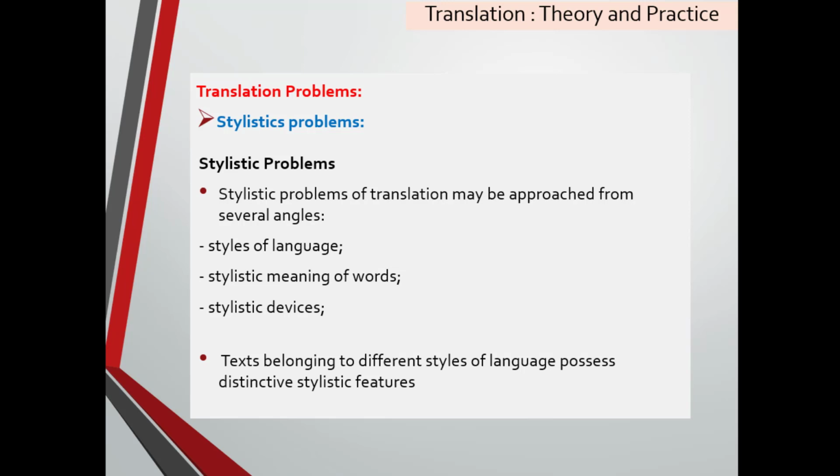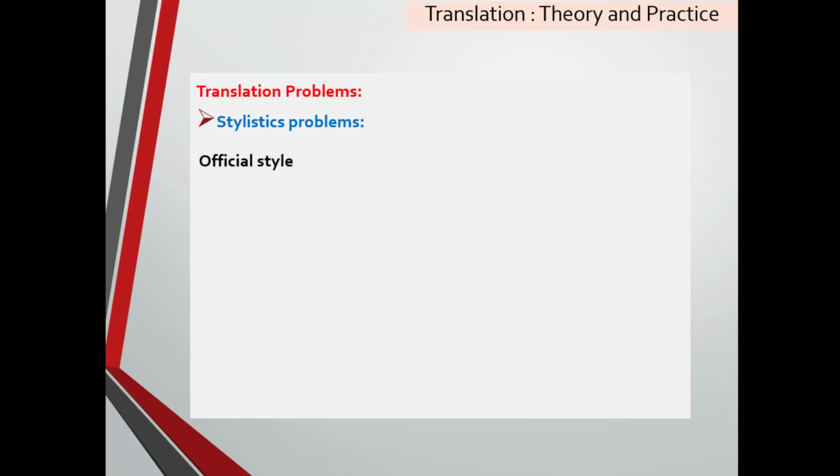I think if you want to understand what we mean by stylistic differences, we have to provide some examples. In order to clarify this, we are going to take two styles as samples. The first one is called official style.